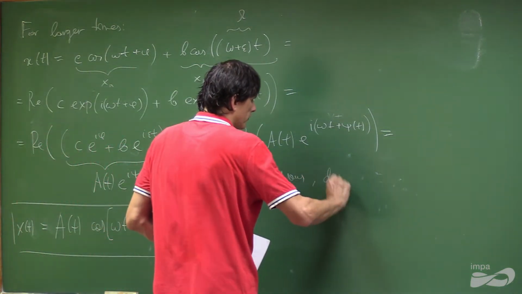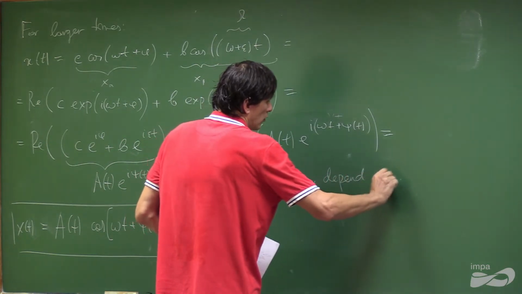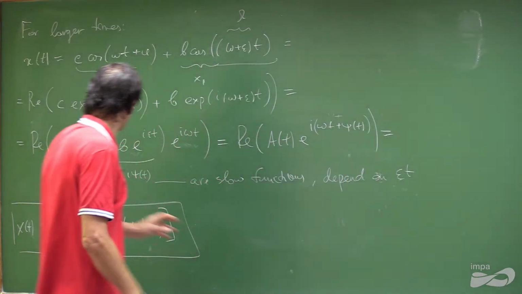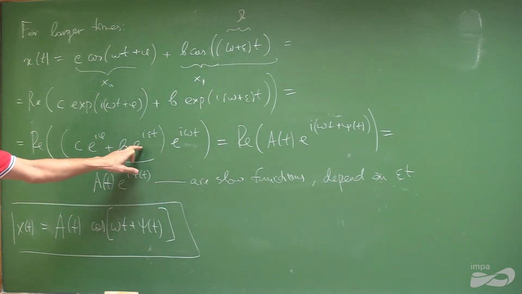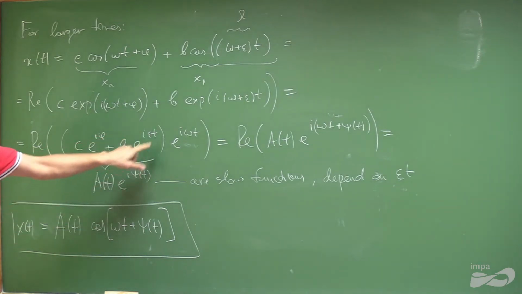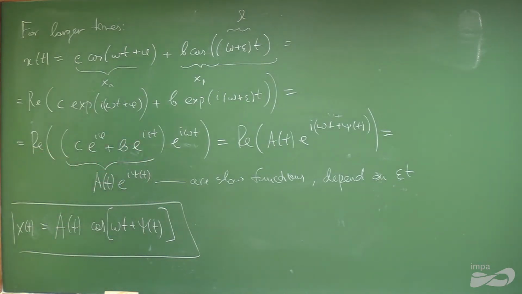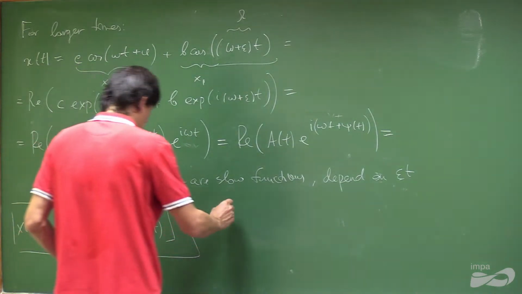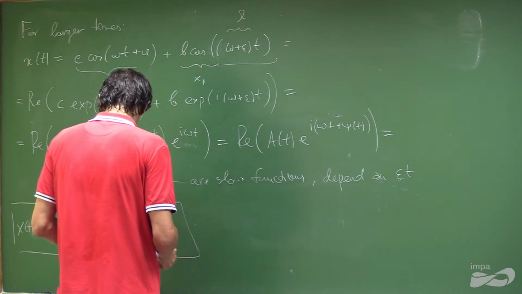Because they depend on epsilon t, in order to have a large change of A, you need to have t which is as large as 1 over epsilon. So you need very large t in order to have any visible change in this function. So that's our result.